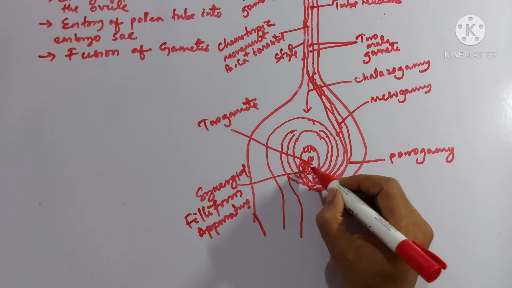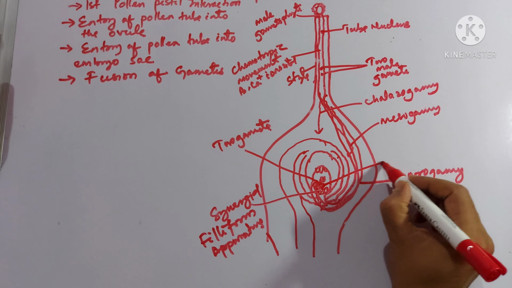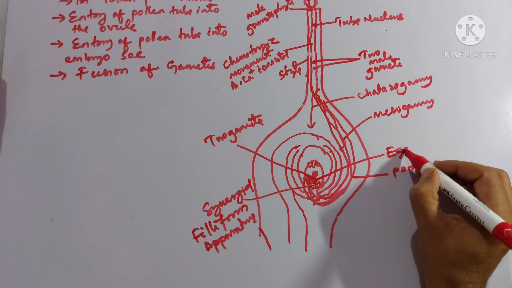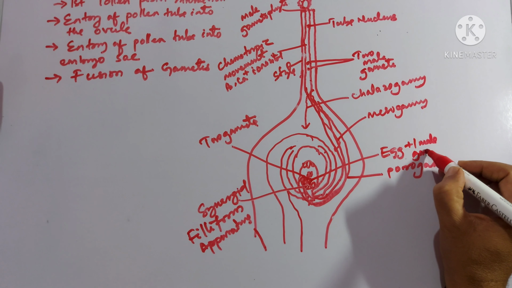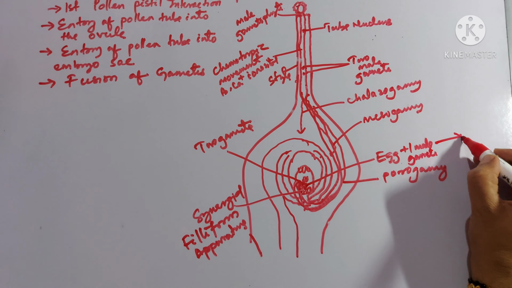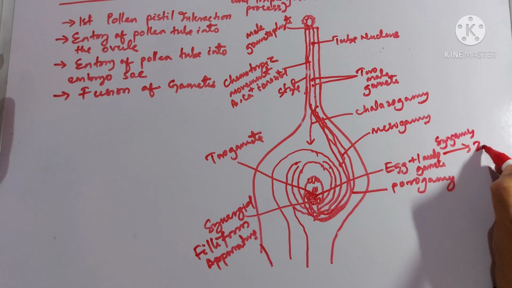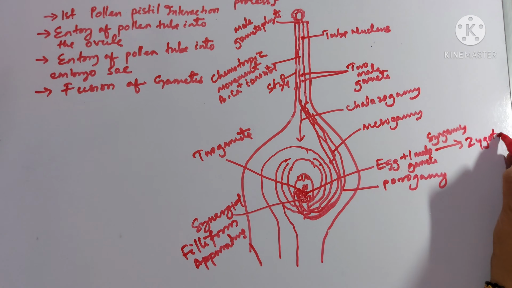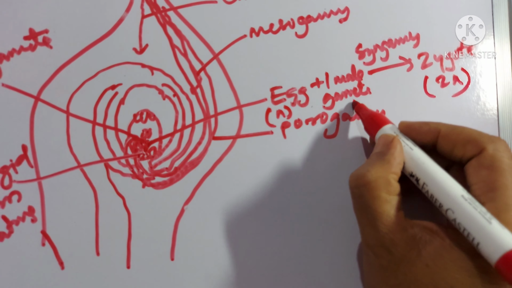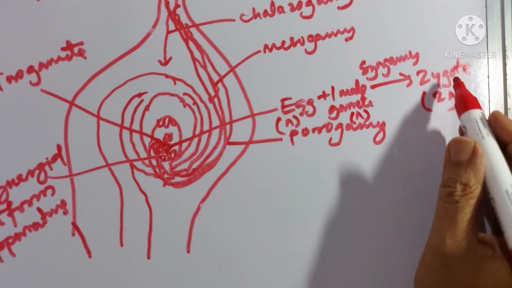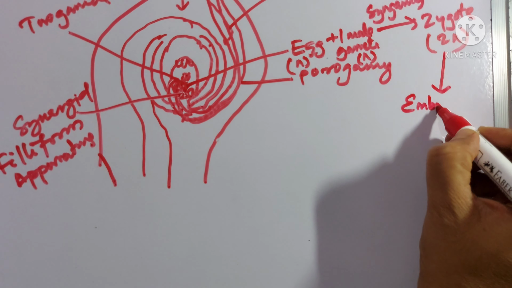One male gamete fuses with the egg. The process is called syngamy. Syngamy results in the zygote. This is 2n, this is n, and this is n. The zygote in future gives rise to the embryo.